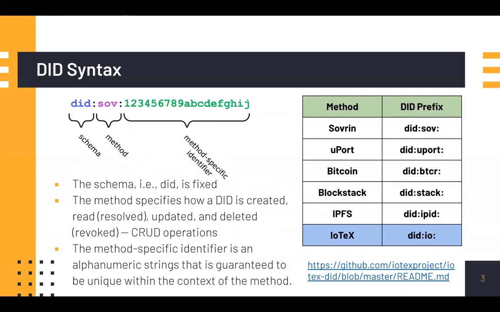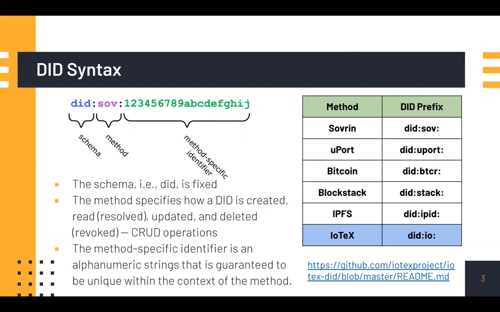Basically, it tells you how to do the CRUD operations on the DID. After the DID method, we have the method-specific identifier, which is an alphanumeric string that is guaranteed to be unique within the context of the DID method.